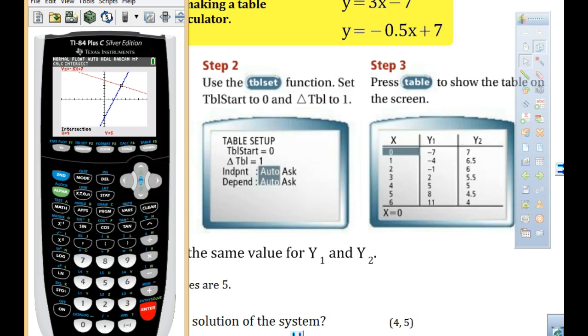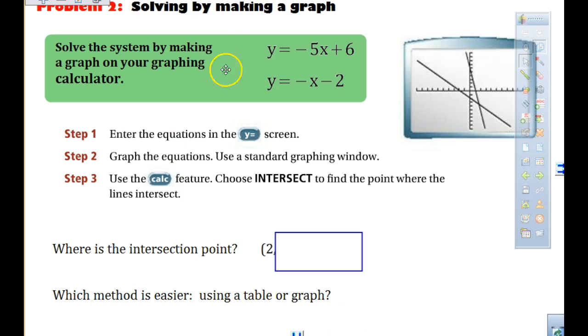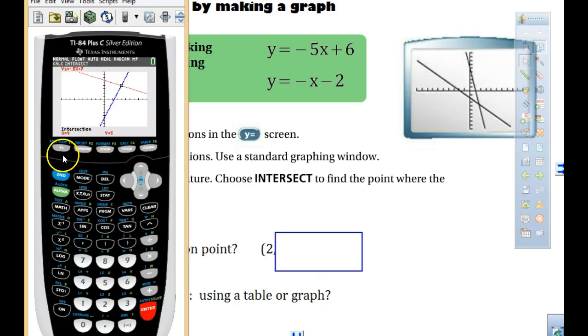So if you turn and look at your notes, we want to put this one in now, okay? So go back to your y equals, and we're going to put in those two equations. You always have to be in y equals. You're going to clear the two equations that were there and put in the new ones. So you are going to put in negative 5x plus 6.